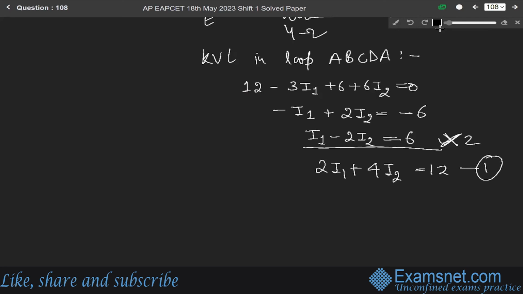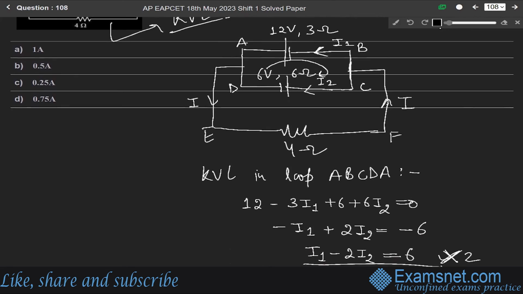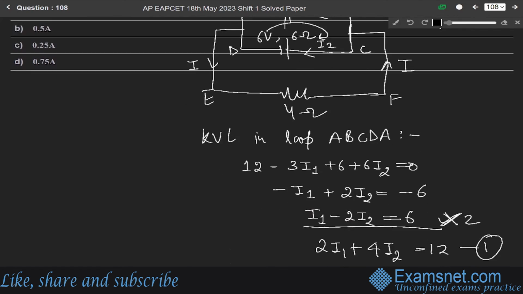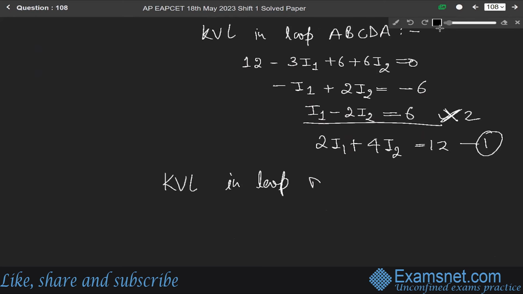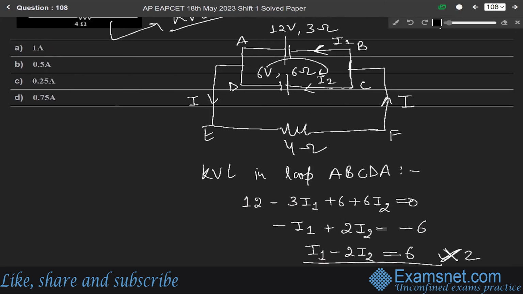Now applying KVL in loop D, C, F, E, and D. So from D, C, F, E, and D, we can write minus 6 I2 minus 4 into I. This is current I. So it will be equal to 0.